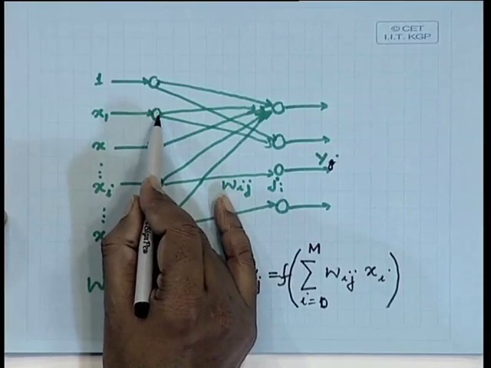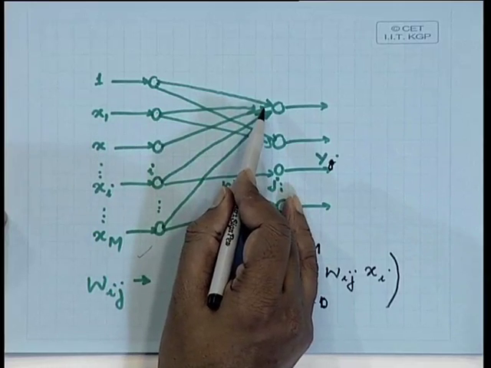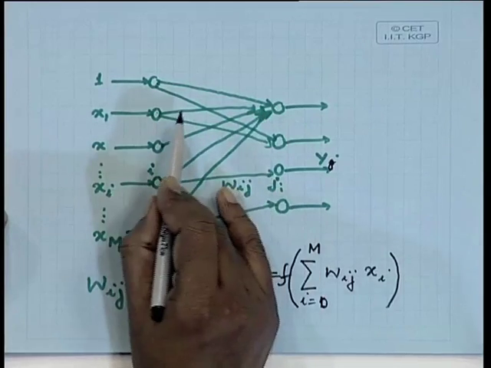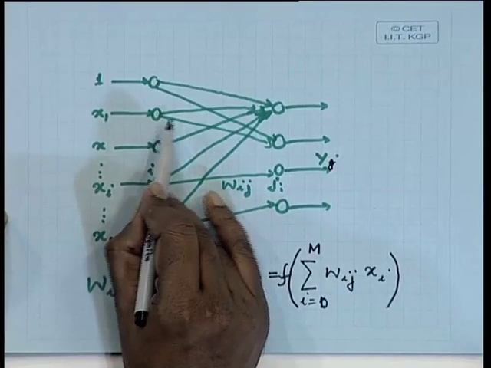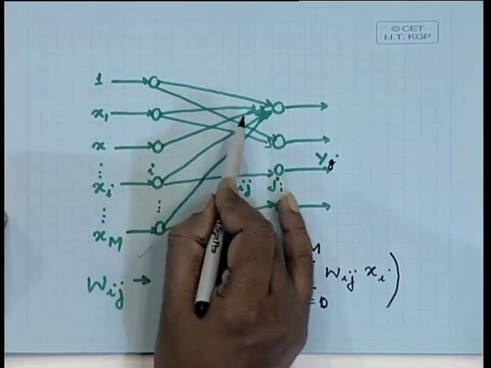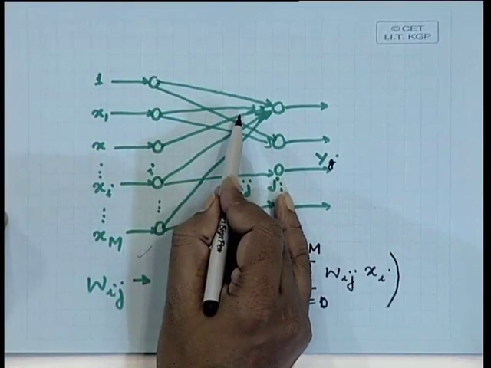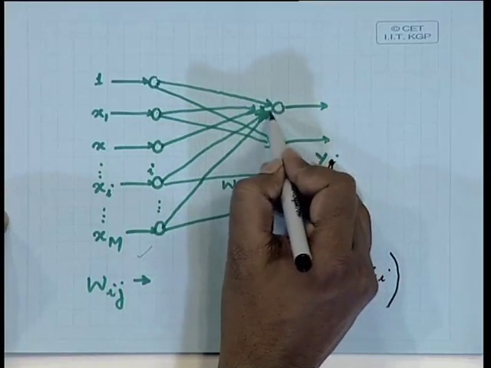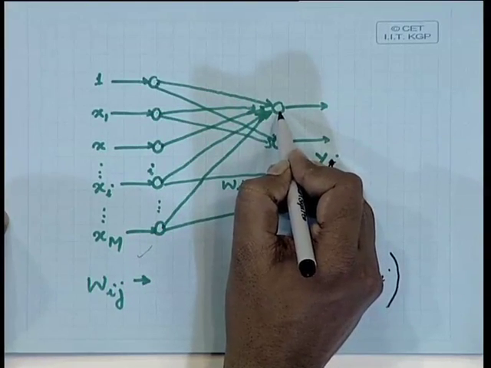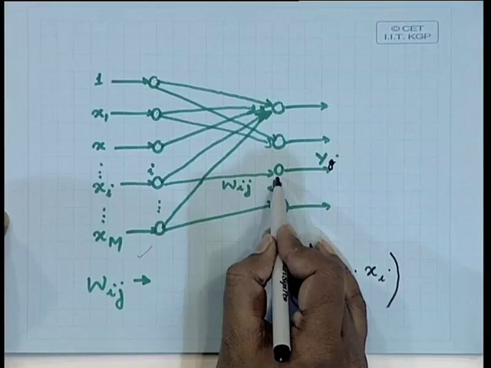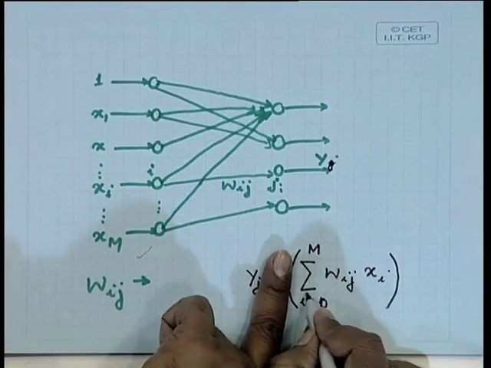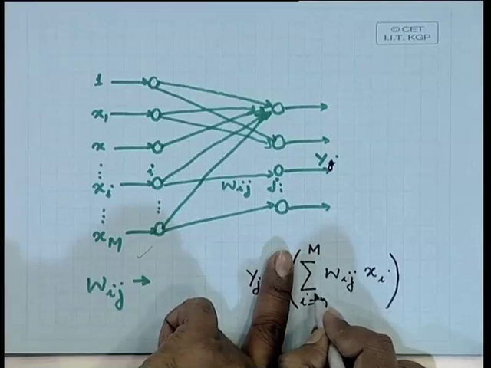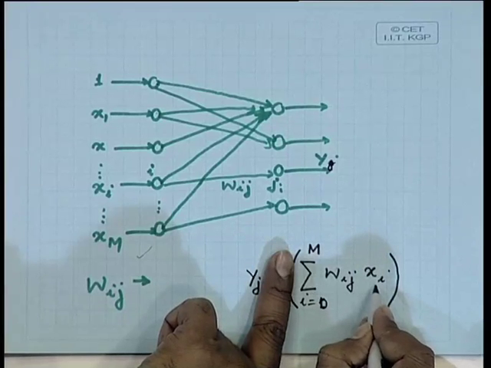And when these are connected to the inputs of the output layer nodes, every such output of the input layer node gets weighted by the corresponding connection weight. Accordingly, the input to the jth output layer node is the sum of w_ij x_i.